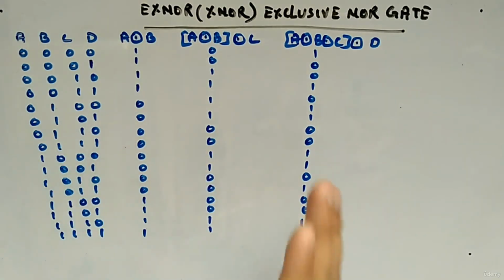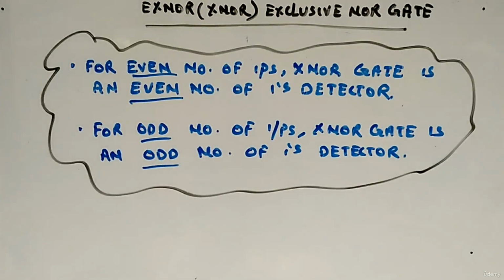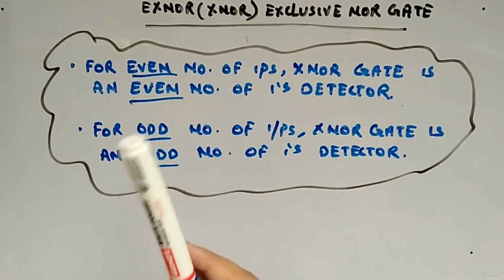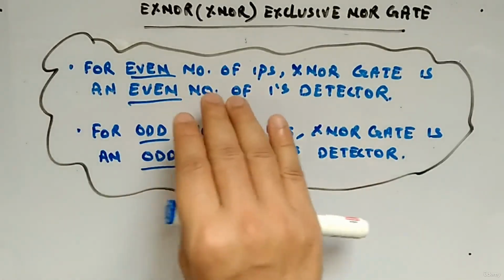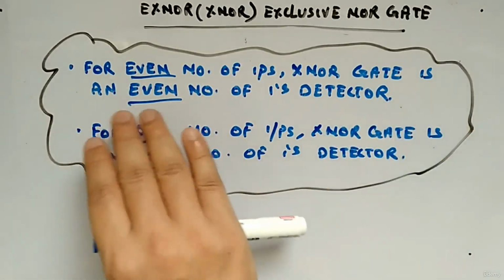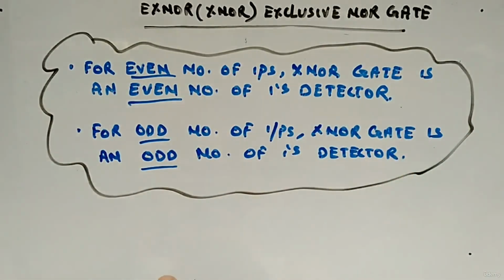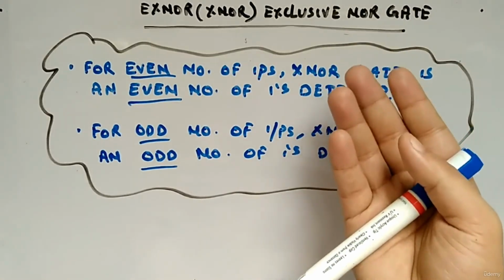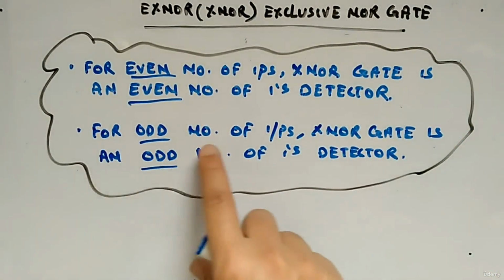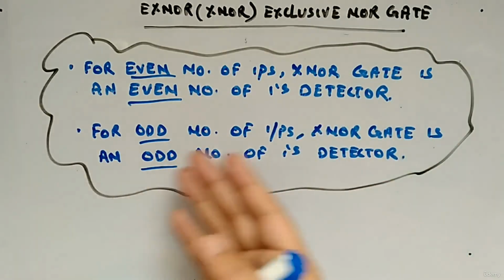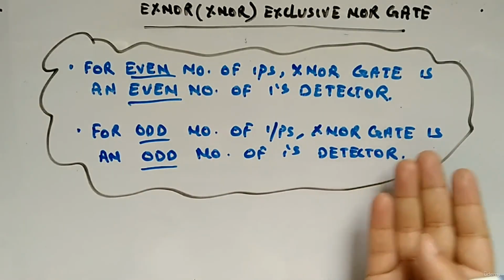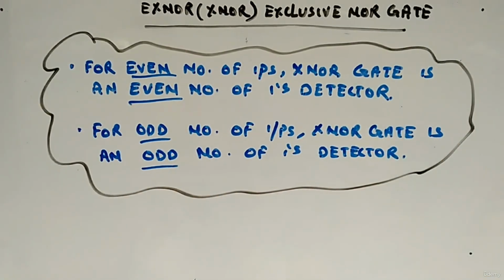So I will write it in one line so that you will get a feel. For an even number of inputs, A, B, C, D, the XOR gate is an even number of ones detector. And for an odd number of inputs, that is A, B, C or just A, XOR becomes an odd number of ones detector.